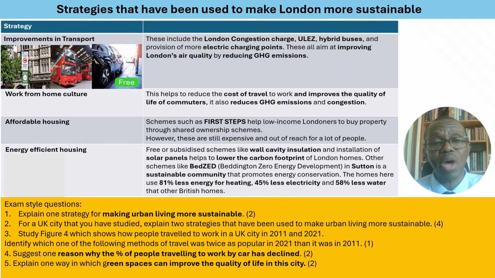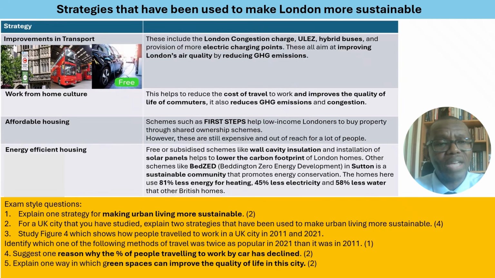And then we also have the hybrid buses. Now, obviously, those ones use both electric and fuel, and therefore they are low emitting. And then we also have, being introduced more recently, fully electric buses, which are not going to emit any pollution at all.